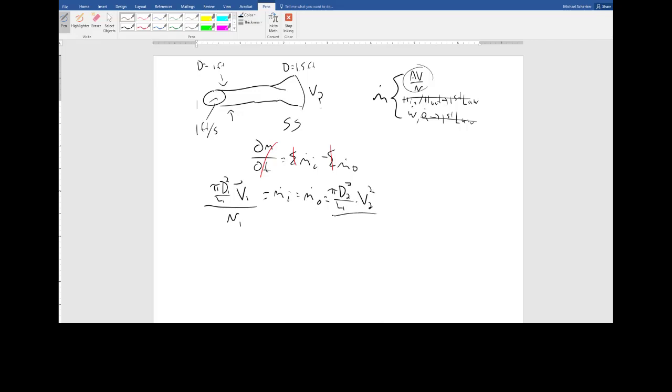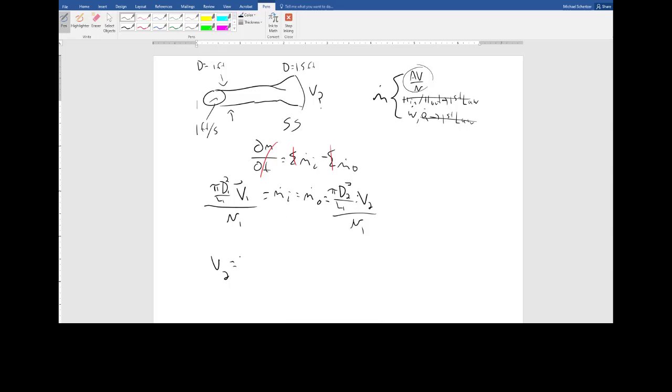v2 over specific volume at 2. Why am I squaring the velocity? I'm too used to the first law.